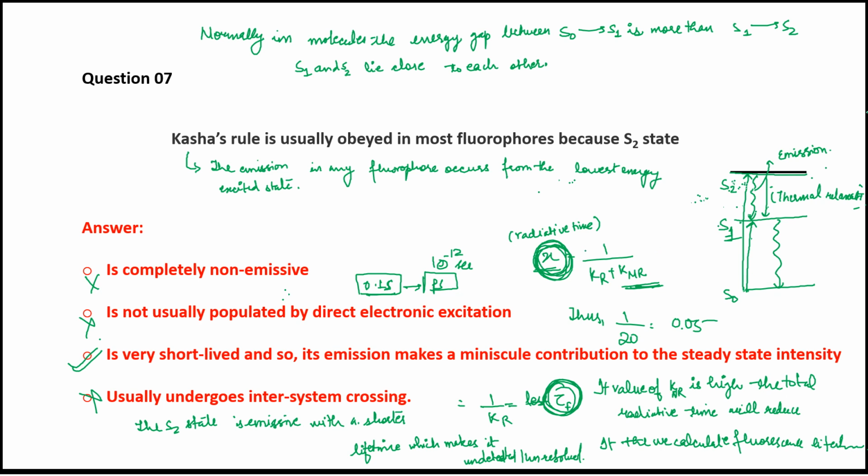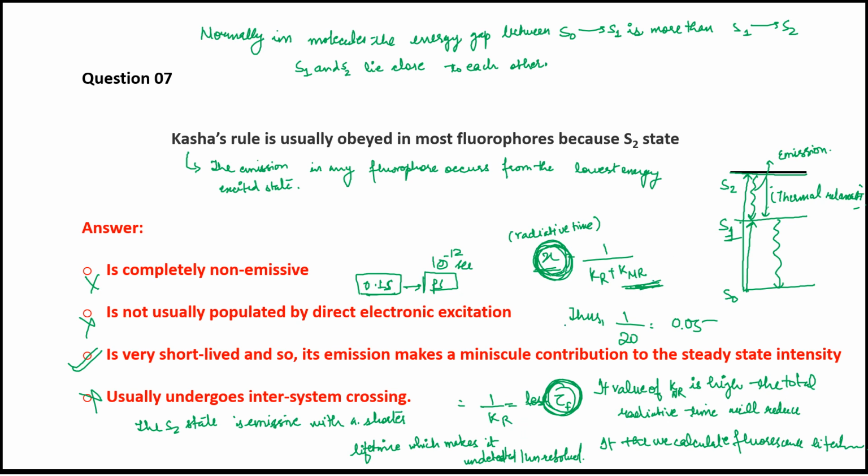Also, we had calculated that the total radiative time of this transition is a function of two things, the rate constant of the radiative and the rate constant of the non-radiative process. Since the rate constant of the non-radiative process is quite high, the total radiative time reduces. And if the radiative time reduces, the fluorescence lifetime you get is still shorter than that.